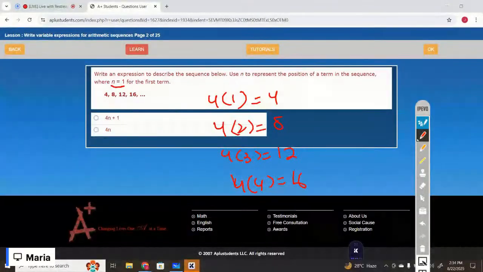Option number 2 is the correct option. It would be 4n.